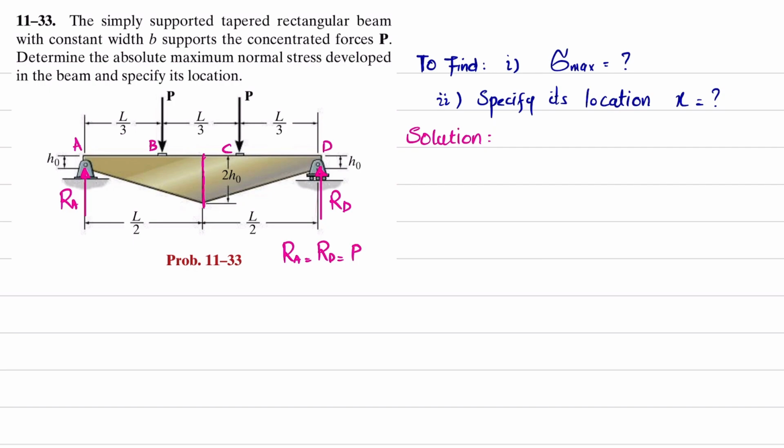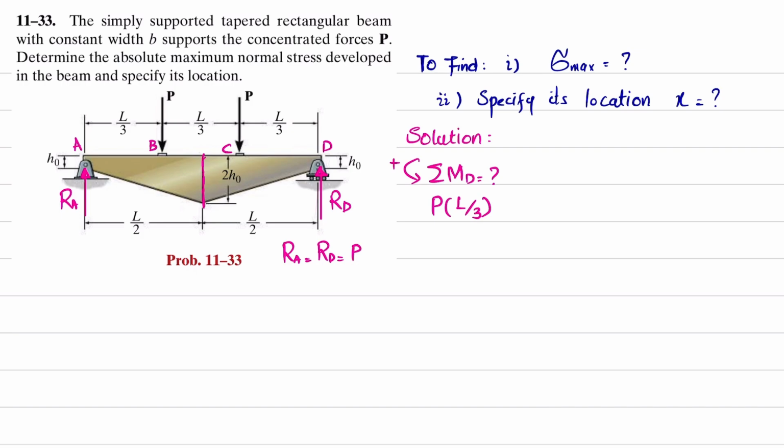But I will find this by using the equilibrium condition. The first equilibrium condition is the sum of all moments about point D is equal to 0, taking the counterclockwise moment as positive. About point D, the first moment is due to this force P with perpendicular distance L by 3, producing a counterclockwise moment, so it is positive: P times L by 3.